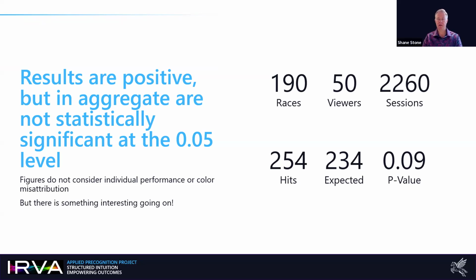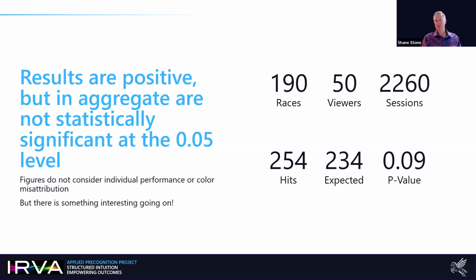Over time, there's been 50 viewers participating. We generally have about 14 or 15 viewers submit sessions in any 1 week. I'd really like to build that out so we can get more statistical power to our predictions. If we could get 20 or 30 in any 1 week, that would be awesome.